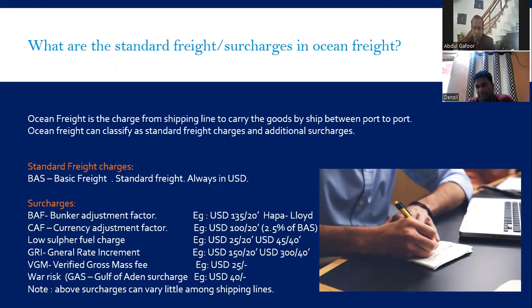So to avoid this situation, the International Maritime Organization decided you have to declare the verified gross mass. There are two methods, maybe you know that: method 1 and method 2. In the VGM, method 1 is with the truck, the chassis, everything you're loading, and you calculate the weight. Method 2, we are using method 2.